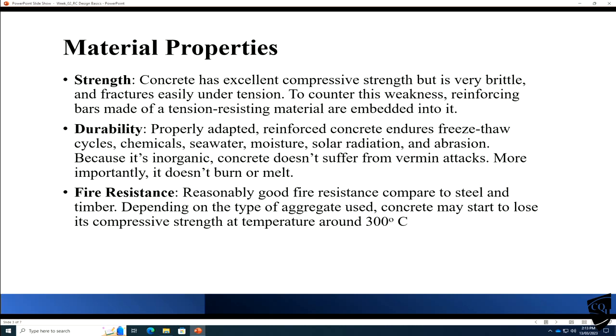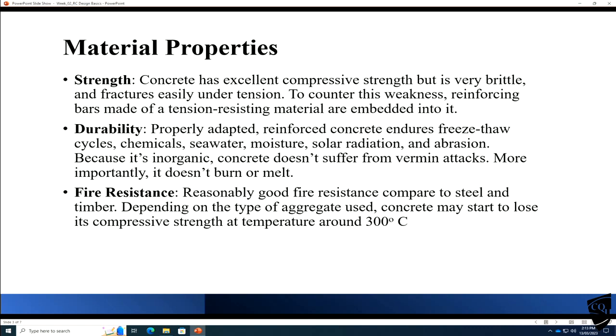We'll talk about the pre-stressed design from week 6 or 7 later. So strength wise, good in compression, weak in tension, but very brittle.